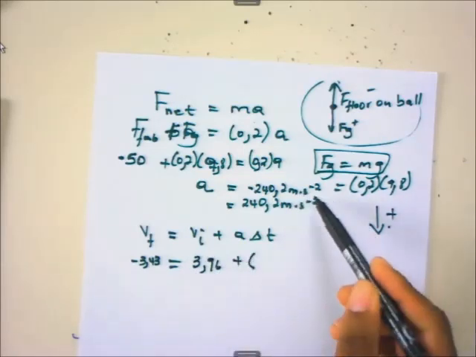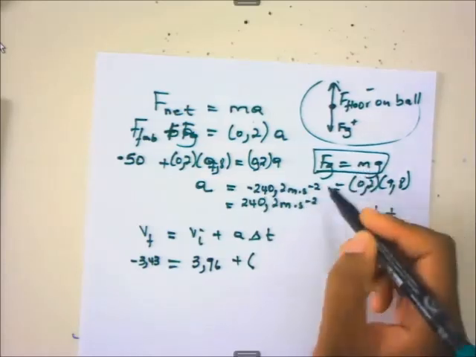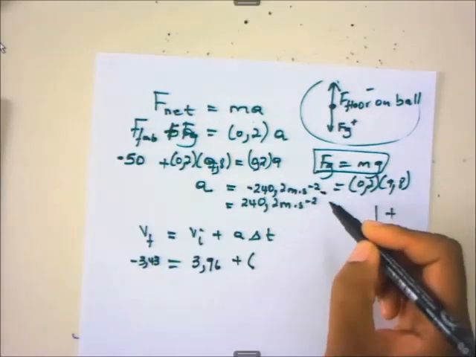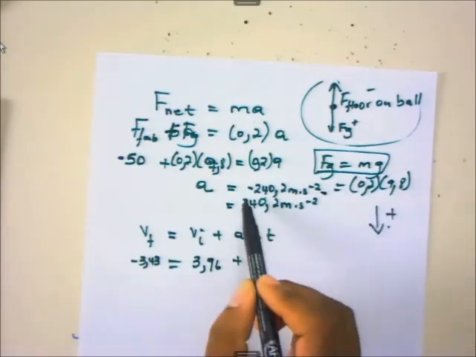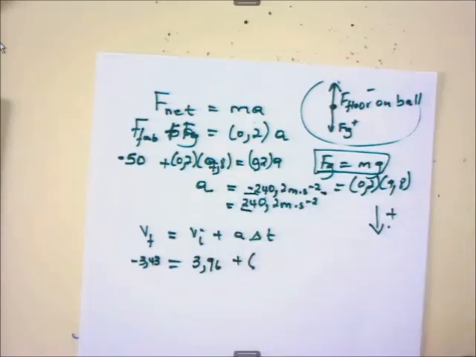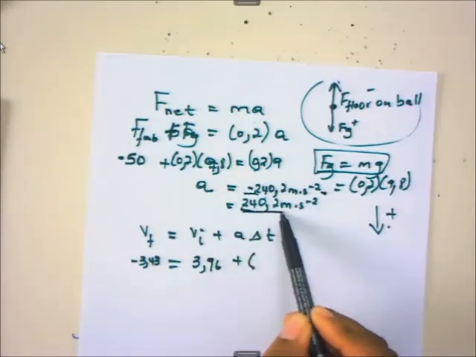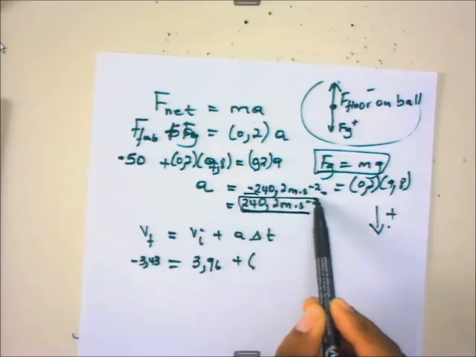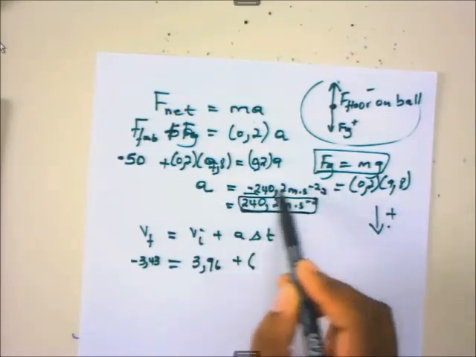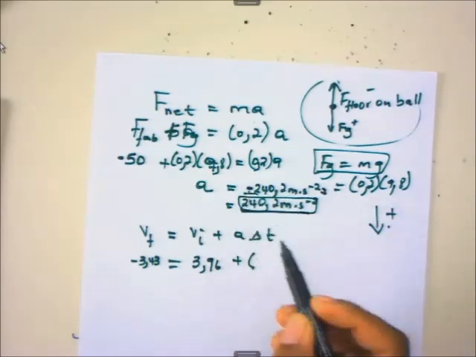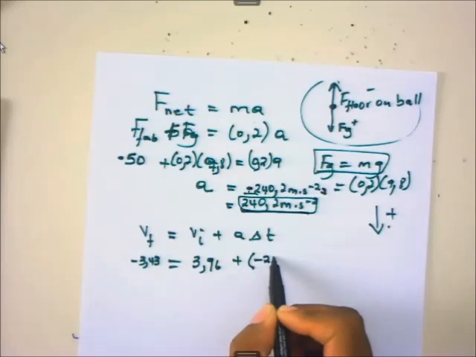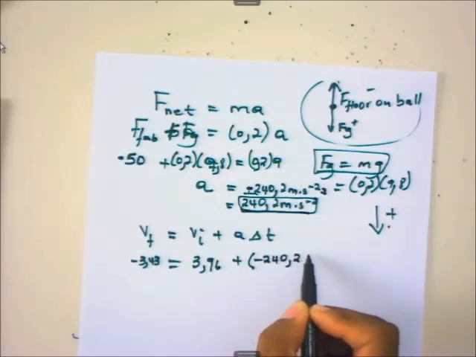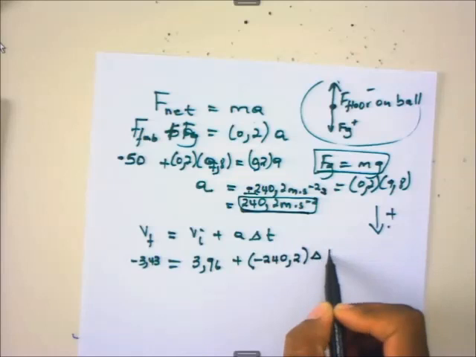Now, when you substitute, you use the magnitude that was calculated before, and here we changed the signs. You are not going to use this one, but we are going to take this one, where acceleration is negative. So it's going to be negative 240.2 times delta t.